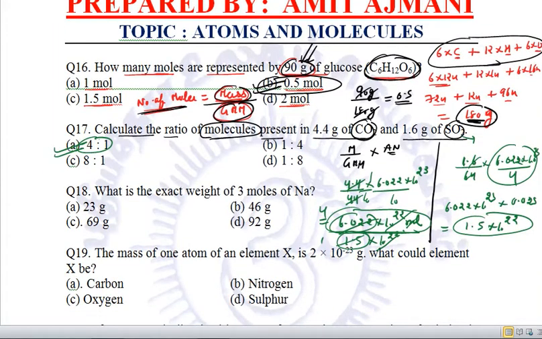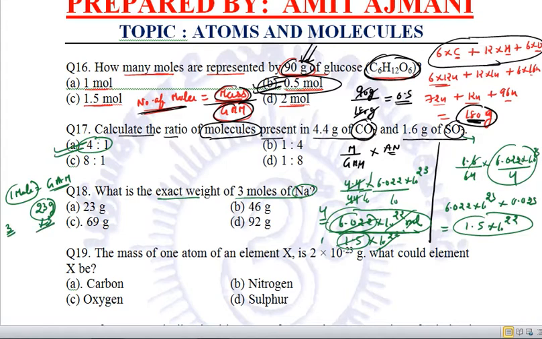What is the exact weight of 3 moles of sodium? Now we know that 1 mole is equal to the gram atomic mass. Atomic mass of sodium is 23 grams. So if the mass of 1 mole is 23 grams, then applying the unitary method, what will be the mass of 3 moles of sodium?